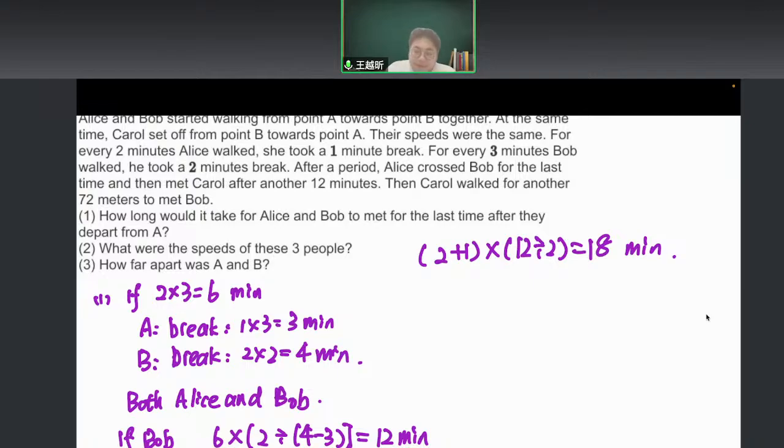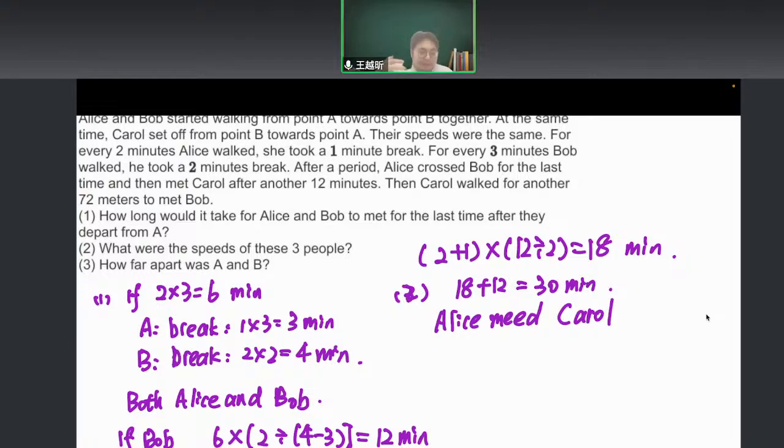We need to find out what were the speeds of these three people. So what's the speed? So we know after 12 minutes, it seems they depart about 18 plus 12 equals to 30 minutes. And Alice meets who? Yeah, meets Carol. So after they meet Carol, actually Carol has already run 30 minutes.